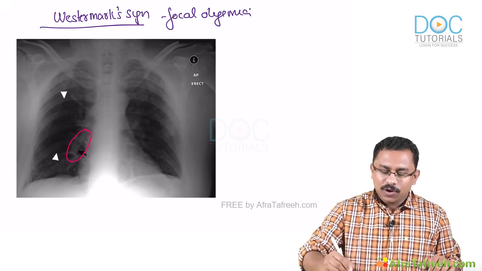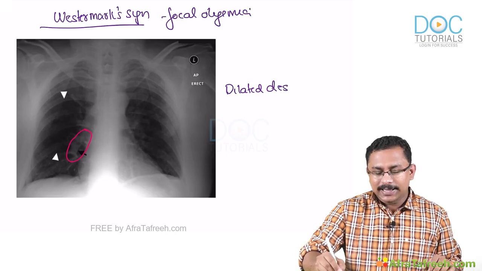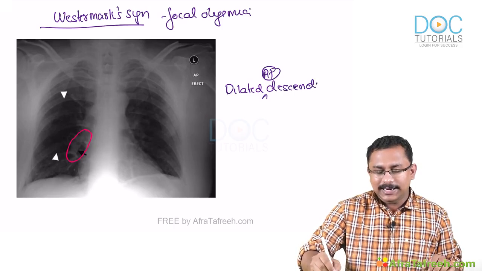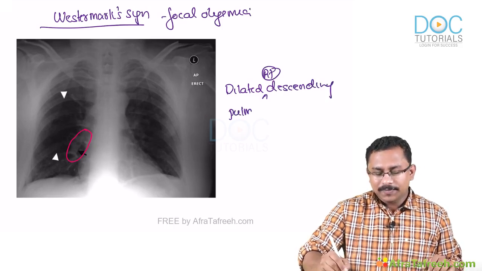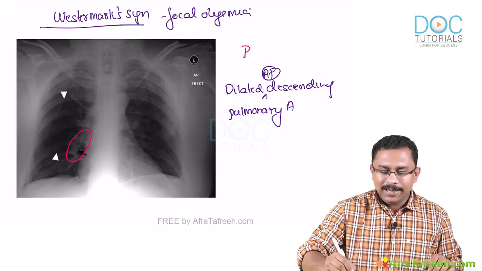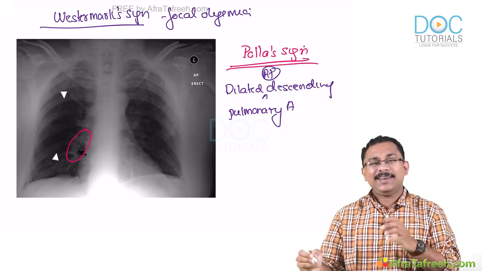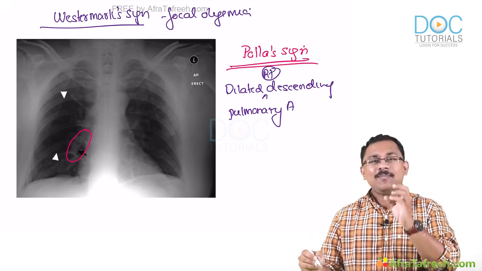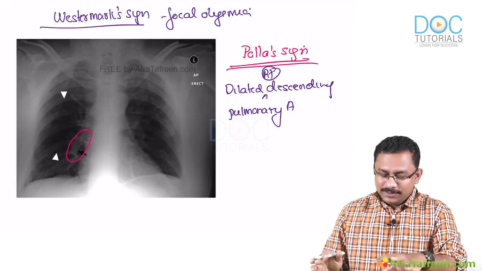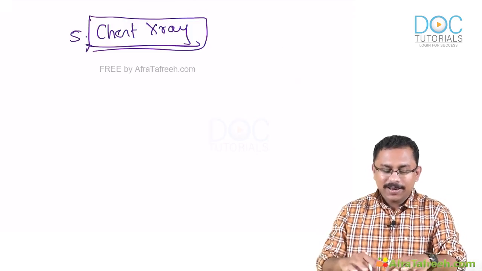A dilated right descending pulmonary artery is referred to as the Palla's sign. Enlarged right descending pulmonary artery is referred to as the Palla's sign. So I hope that is clear. So these are the important X-ray findings in case of a pulmonary embolism.